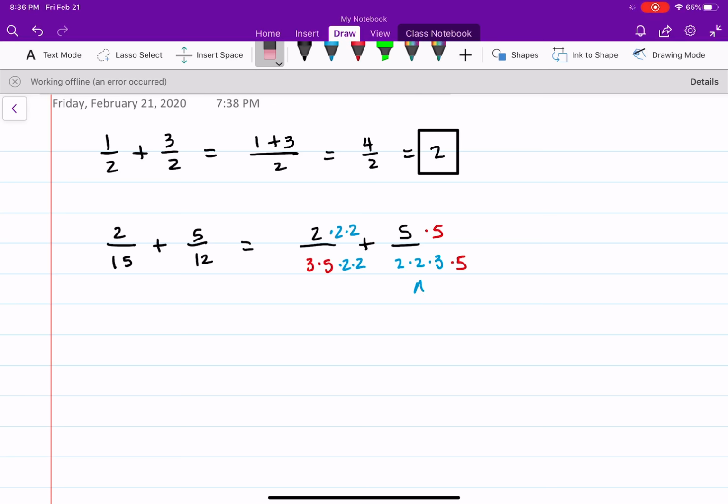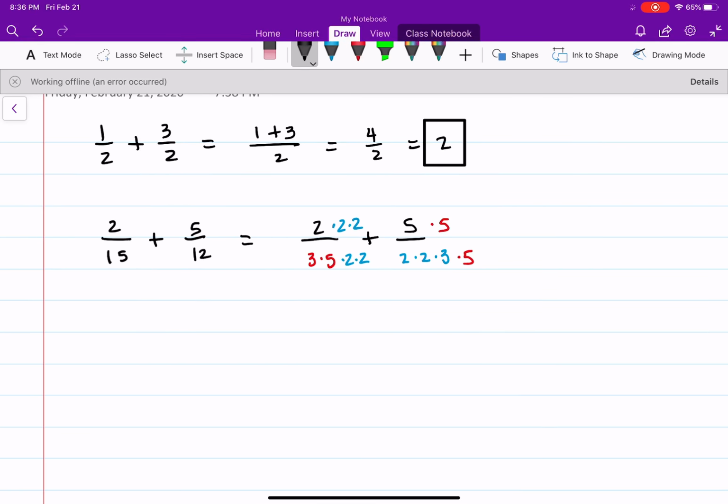With that being said, you obviously multiply this. The top is going to be 8 over, and the bottom is going to be 2 times 2 times 3 times 5, and that is going to give me 60. Plus 5 times 5 is 25, over 2 times 2 times 3 times 5, which is the same exact denominator, so that's 60.